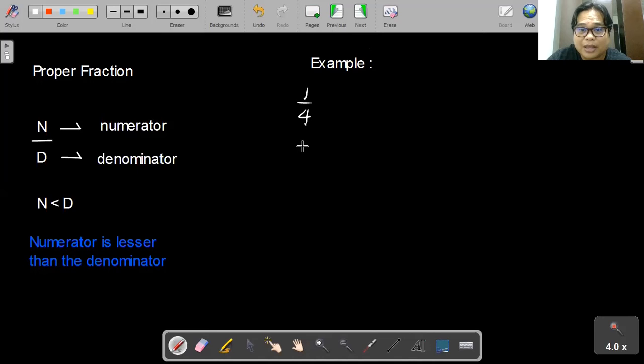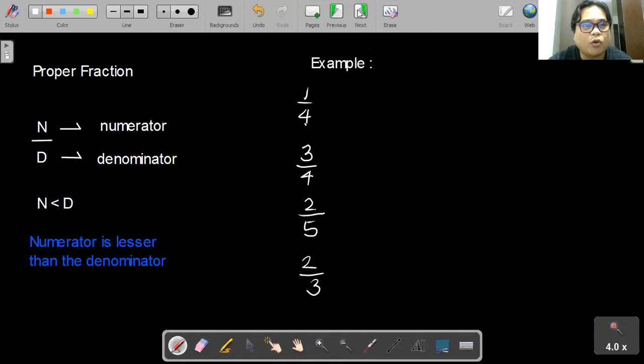Another example for that is 3/4. All right, 2/5. Then lastly, 2/3. Okay, all these are examples of so-called proper fraction.